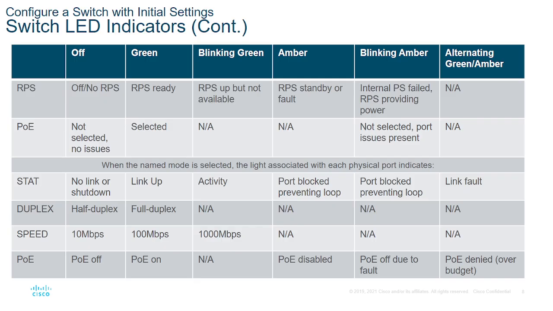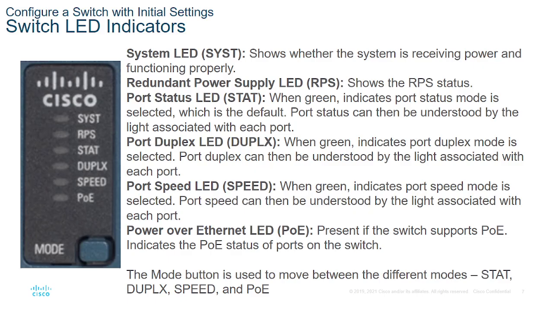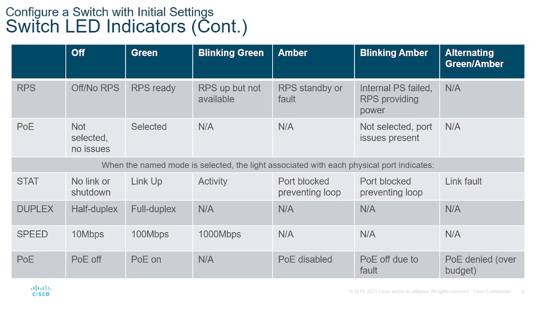Now, if you go back again, press mode, and then go to speed, select speed, you then look at all the 24 ports. If the ports are off, you know that those ports are running at 10 Mbps. If the ports are lighting green without blinking, you know they're at 100. And if they're blinking green, you know that they are at 1000 Mbps.